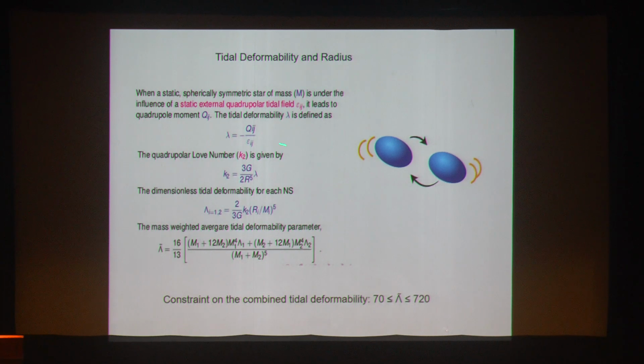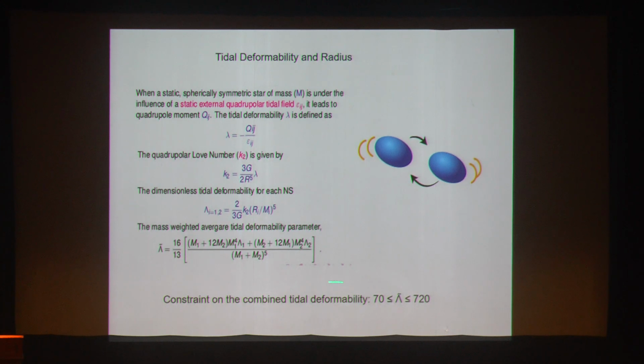And from this tidal deformability, one can define this number, which is written in terms of the radius of the neutron star to the power 5 times this constant, the tidal deformability proportionality constant.